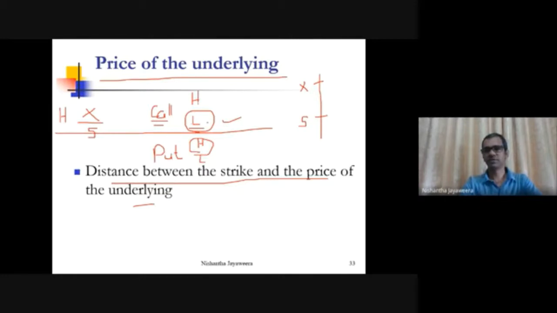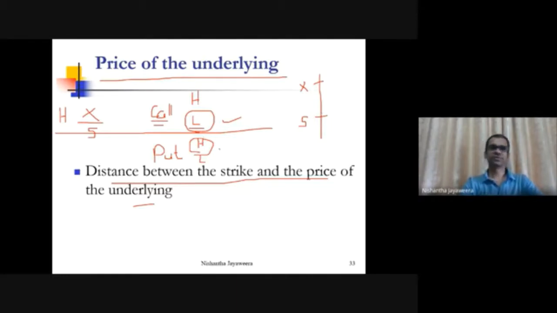Therefore premium is low. But for a put option, if strike is high compared to spot price, then it's already in the money.